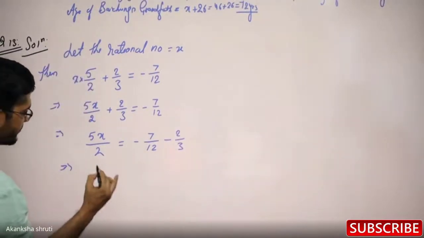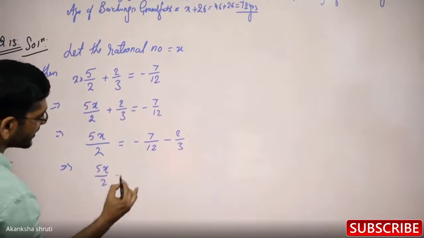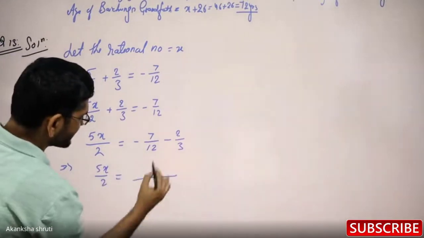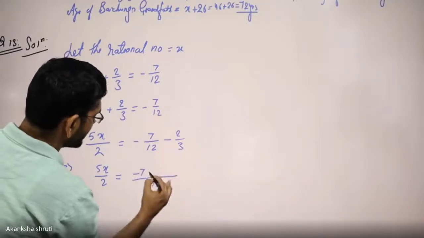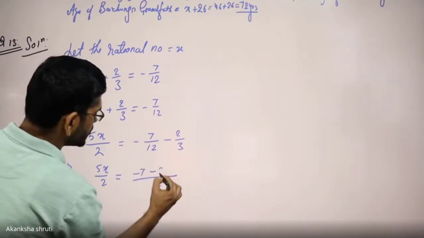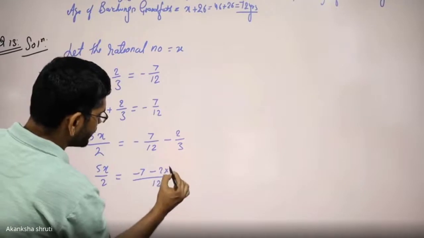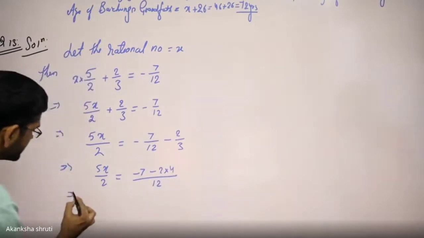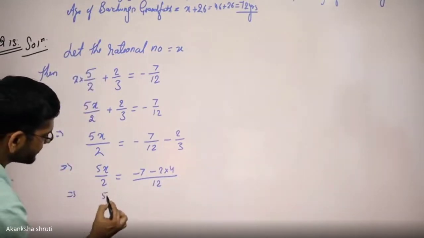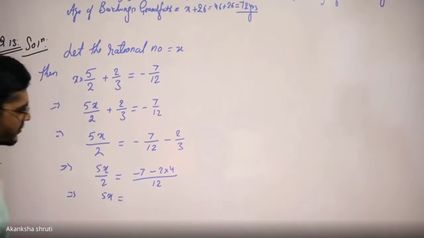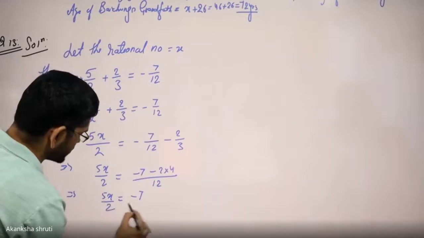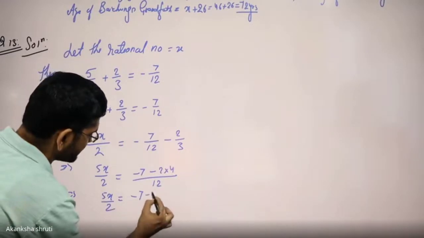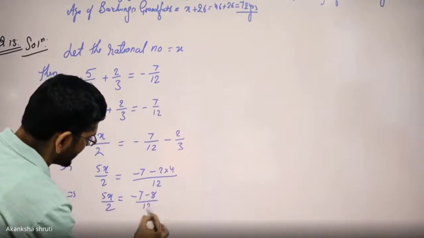Taking the LCM, it is 12, minus 7 minus 2 into 4, so it is 5X by 2 equal to minus 7 minus 8 by 12.